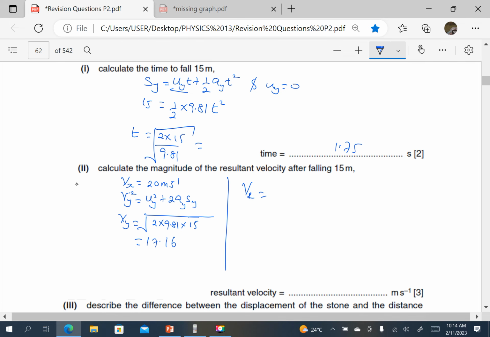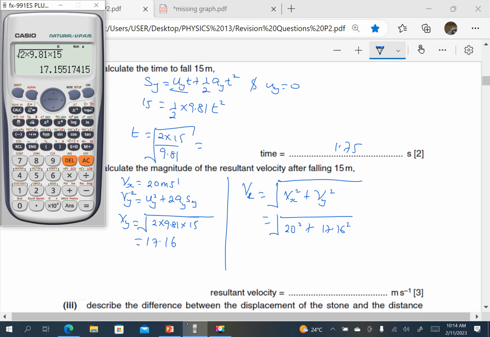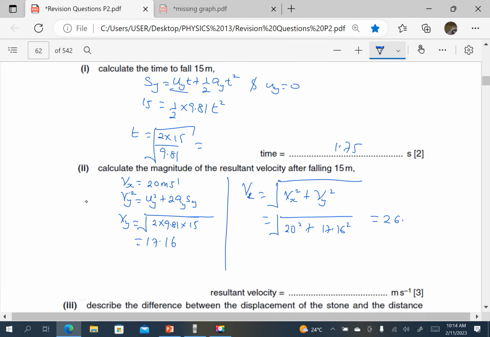V resultant is going to be the square root of v in the x squared plus v in the y squared, because these are vectors. That is the square root of 20 squared plus 17.16 squared, which is 26.3, or approximately just 26.